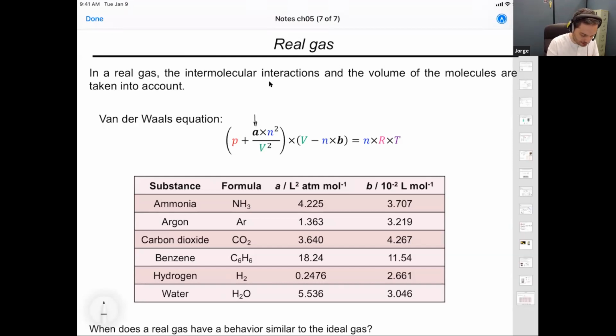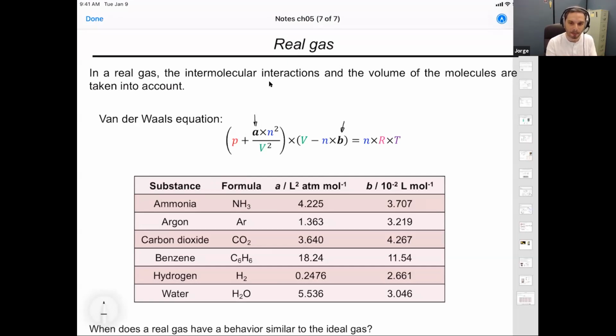And a second factor that's going to be used in the van der Waals equation to correct for the volume of the molecules that now needs to be taken into account is the factor b, a constant b.